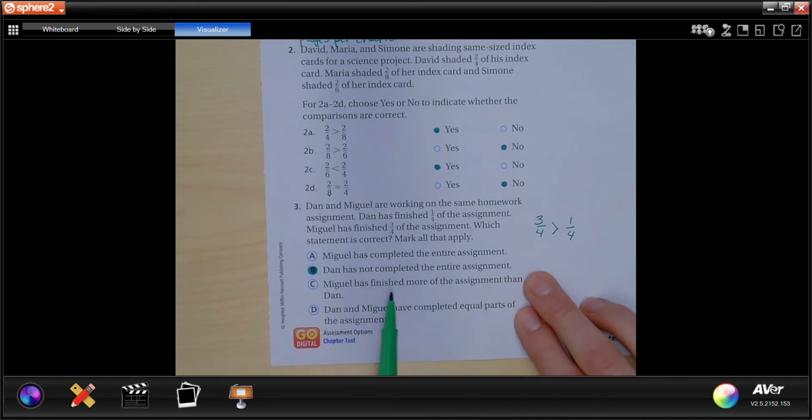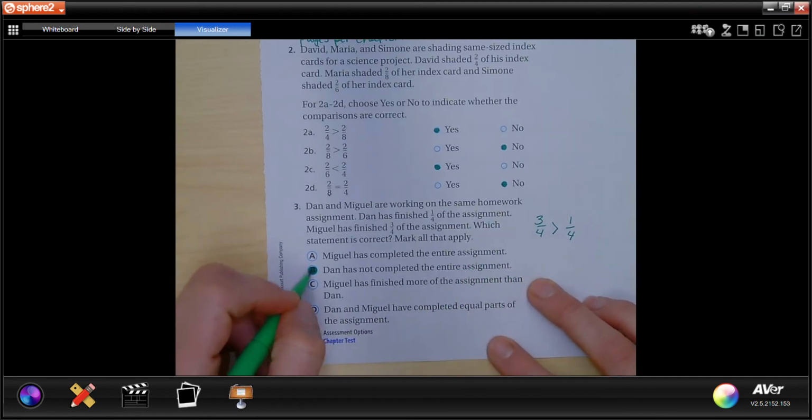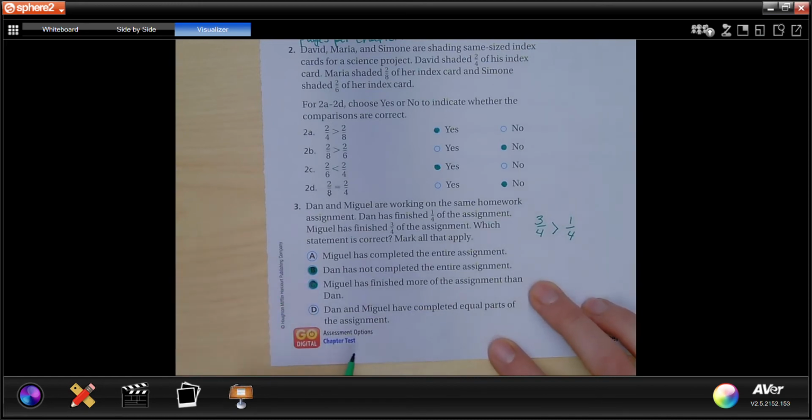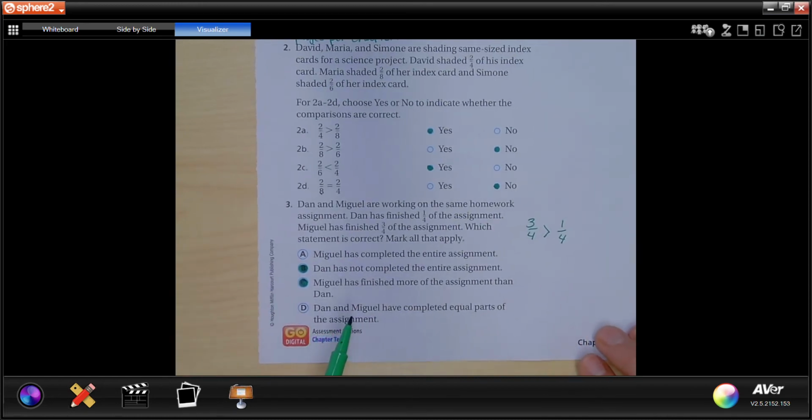So did Miguel finish more than Dan? He did. That is true. Okay. And D. Dan and Miguel have completed equal parts of the assignment. Do 3/4 and 1/4 equal each other? They do not. So that is false.